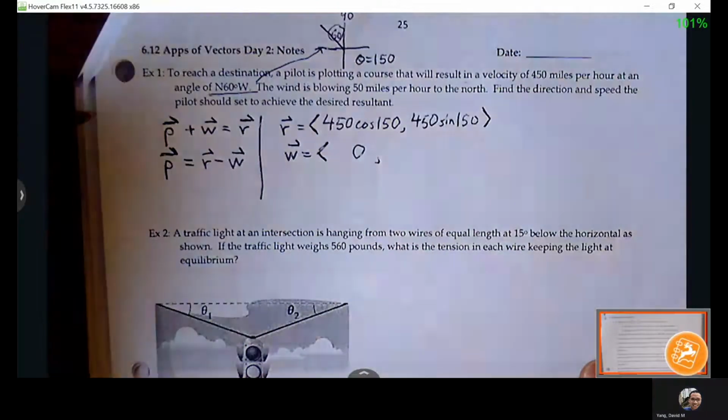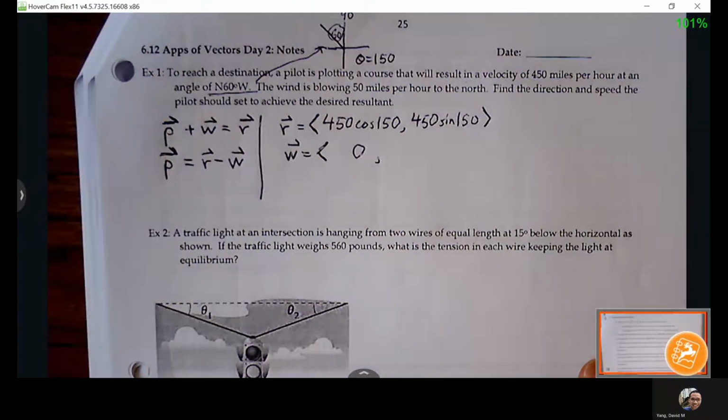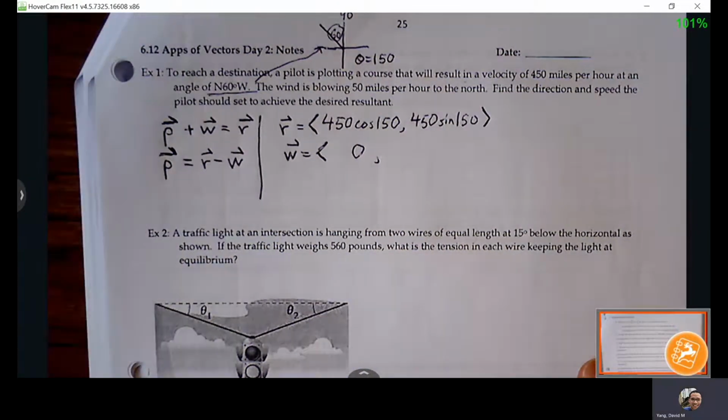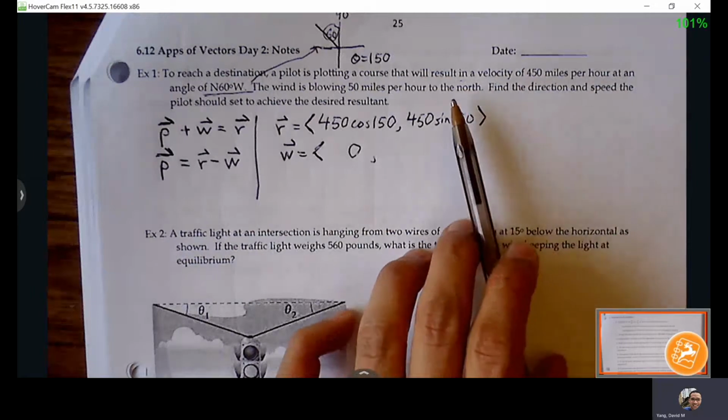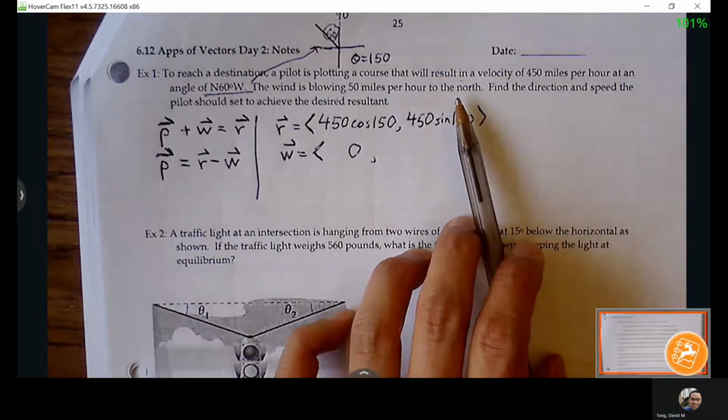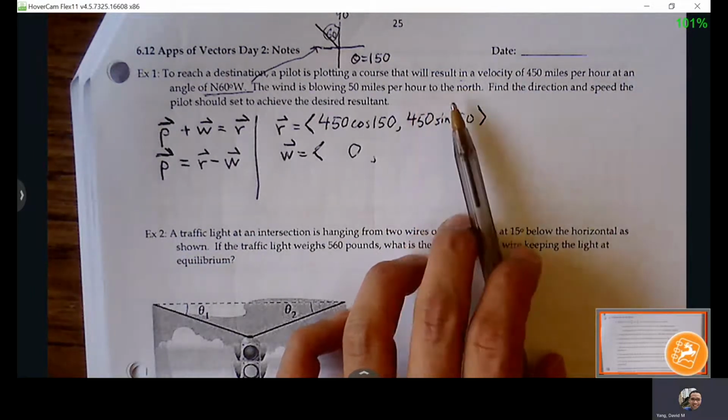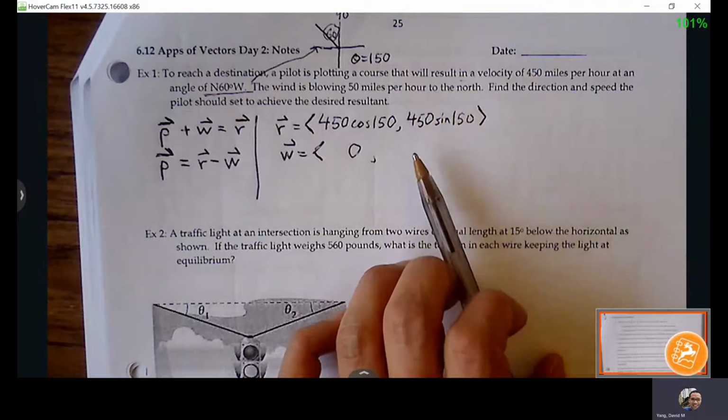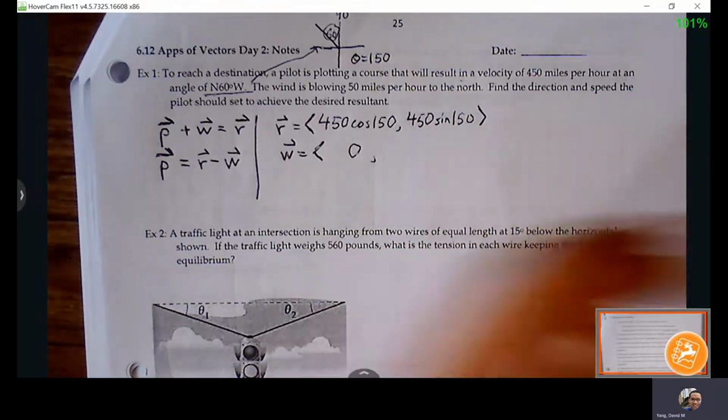Zero. Okay, sorry, this is a little confusing here. Well, let's see. 50 miles per hour to the north should be 0, 50.